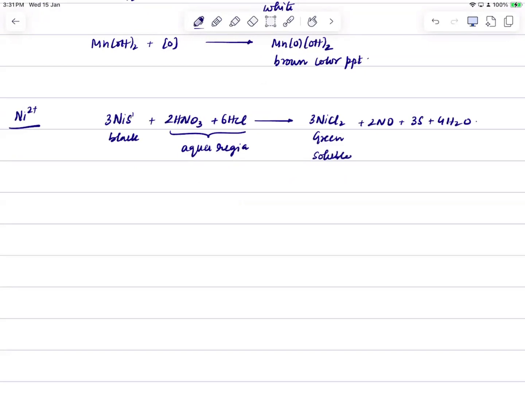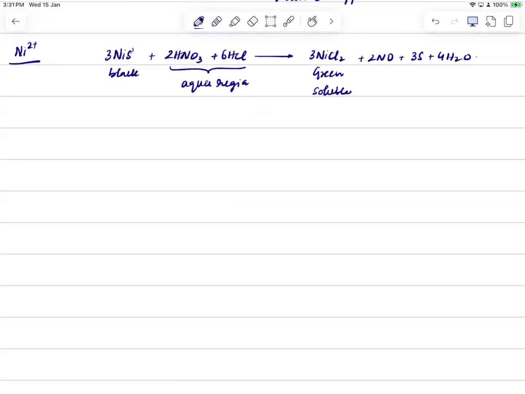And when you add NH4OH and DMG, 2 moles of DMG, to NiCl2, if you recall, the DMG structure is very important, guys. C-C, double bond N, double bond N, methyl and methyl. Similarly, another C-C, double bond N, double bond N, methyl and methyl.